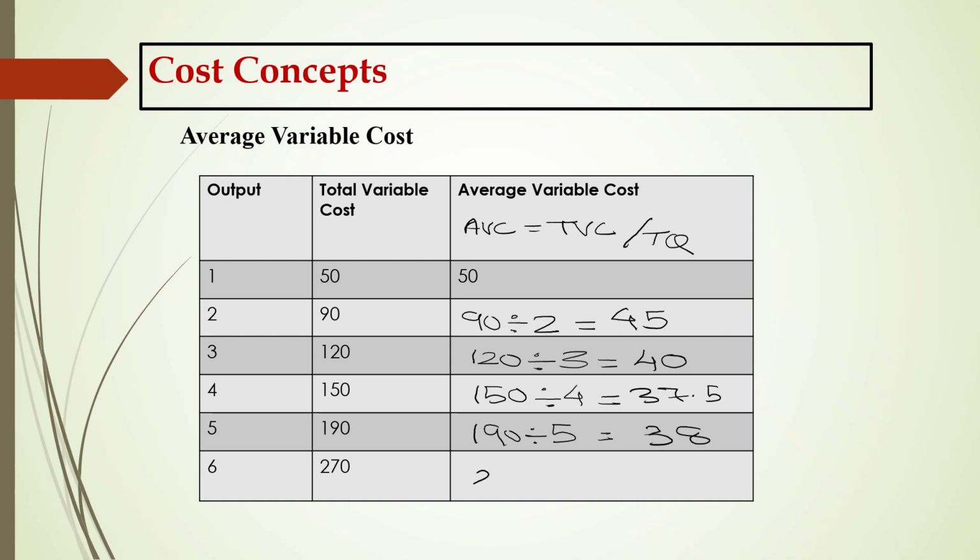Then total variable cost is 270 divided by 6. So 270 divided by 6, it will come to 45. So this is how we calculate the average variable cost.